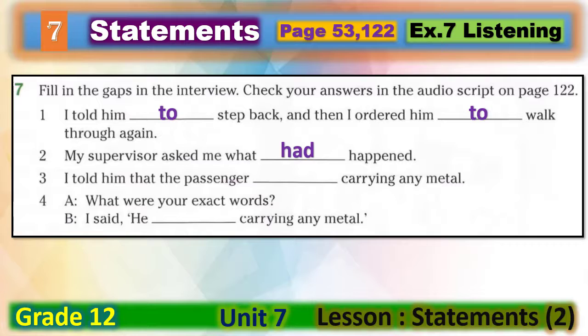Great. Number 3. I told him that the passenger wasn't carrying any metal. Good. Number 4. What were your exact words? I said he isn't carrying any metal. Good.